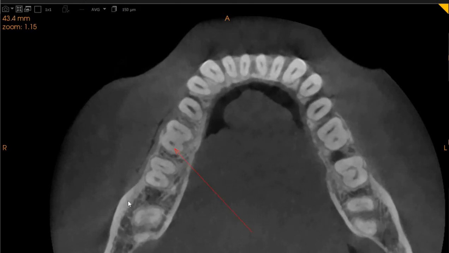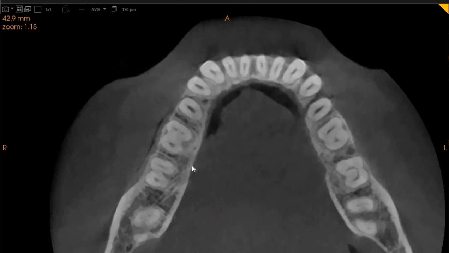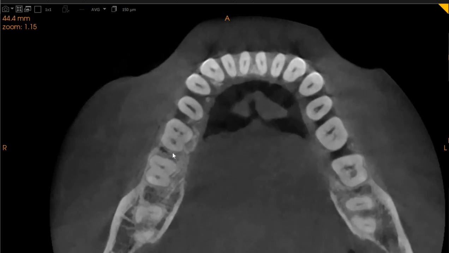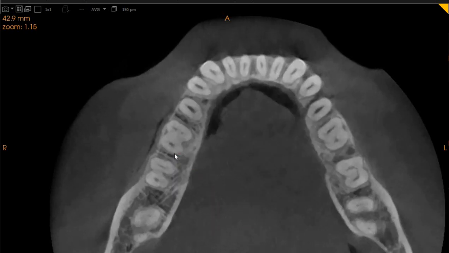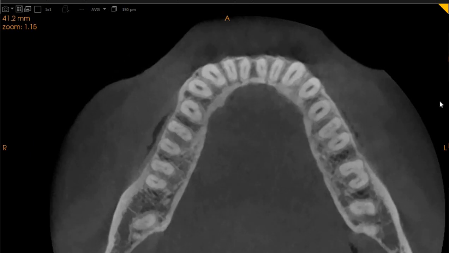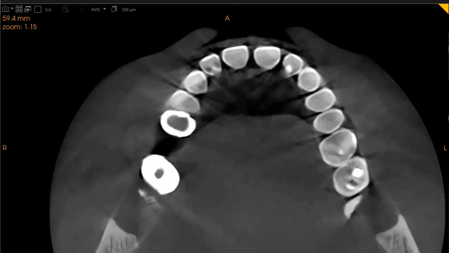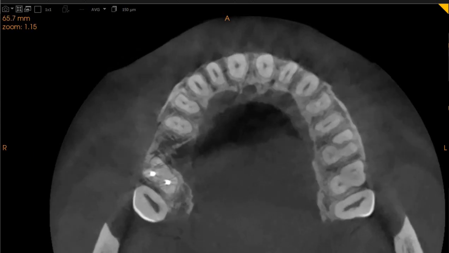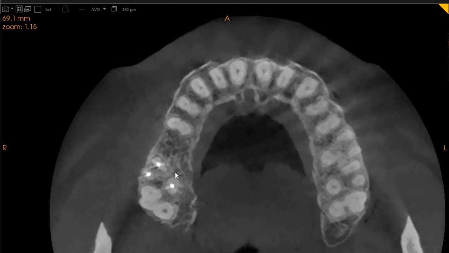This is something that we observe in the lower right first molar distal canal. We don't see radiolucencies intraradicularly, so this could be an artifact, but this requires attention and this needs to be clinically correlated.